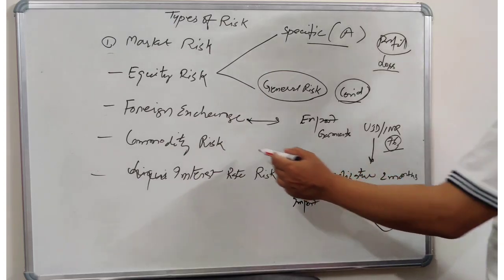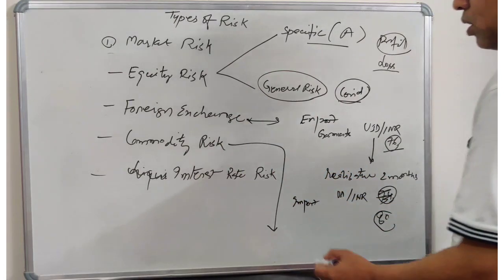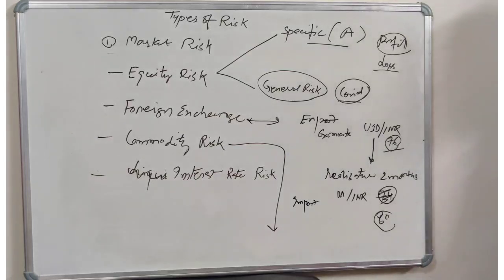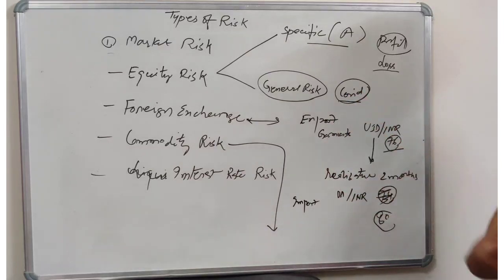Then commodity risk. Commodity risk is again related to, suppose some companies manufacture steel, or make steel pipes or something used in the industrial sector, and the price of the commodities may go up, and they have already priced their product to the market.